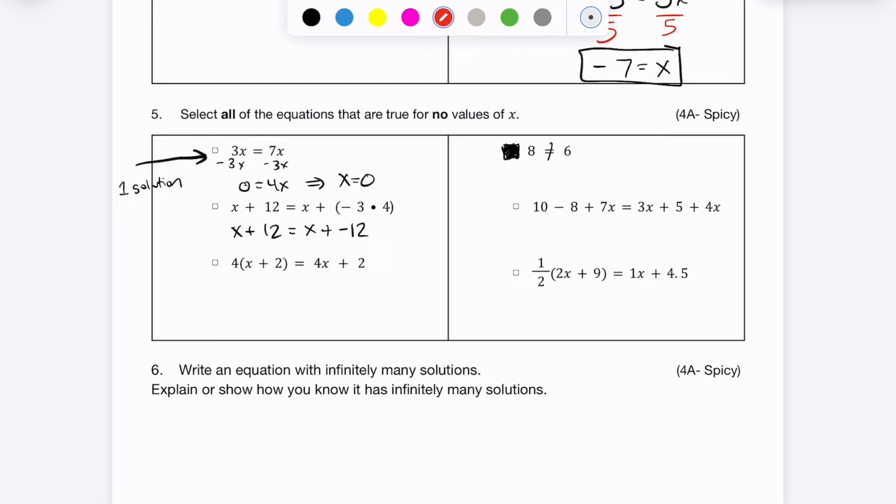Adding 12, subtracting 12, or adding a negative and a positive doesn't give us the same thing. We could show that by subtracting x from both sides, and then we'd get something like 12 equals negative 12. And that's not true, right? 12 never equals negative 12. They're not the same number. So that is going to be correct. No solutions.